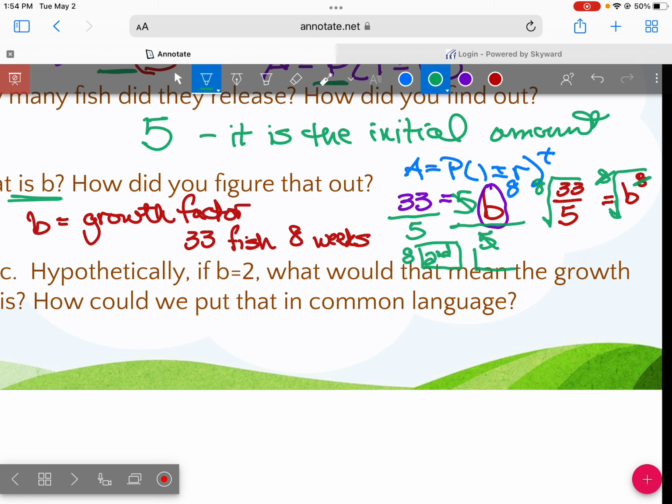Then you hit the caret button because that gives you the x root. Okay. Then you put in 33 divided by 5. Hit enter. And what do we get for B? B is equal to what? Put 8 first. Well, that's with the yellow calculators. Okay. 33 fifths. 33 divided by 5.